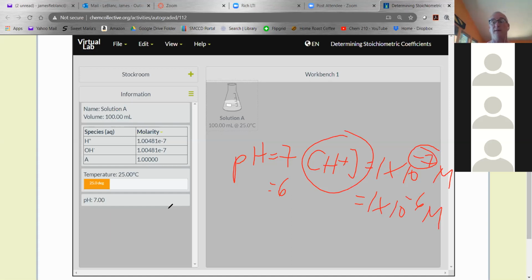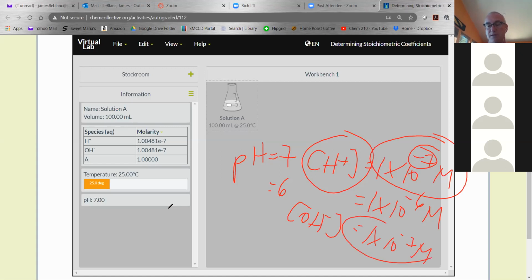At pH 7, they're exactly the same. So the concentration of OH minus, or hydroxide ion, is also 1 times 10 to the minus 7. This concentration and this concentration are exactly the same when it's neutral.